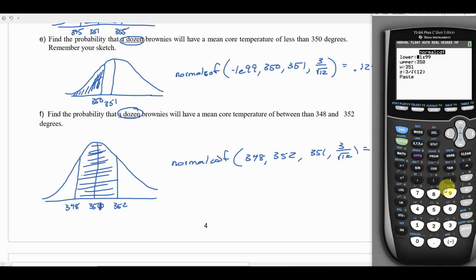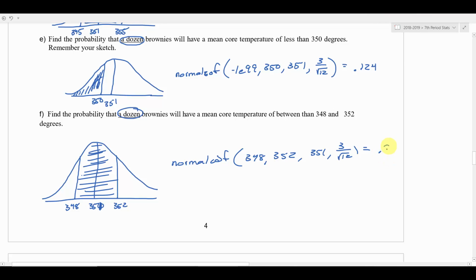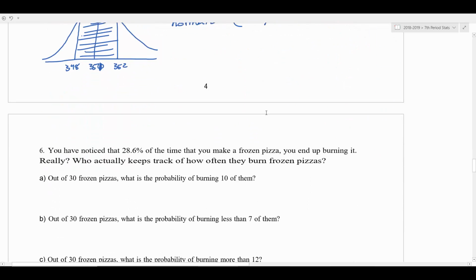So 348, 352, 351's in there, the 3 over root 12's in there, and enter. We got 0.876. All right, so that does that. That's the end of that problem.